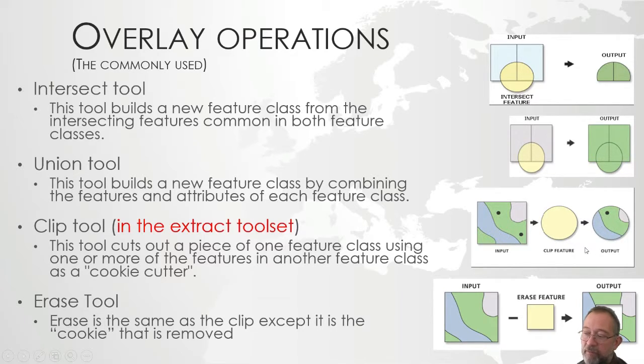They're different from the intersect tool, although spatially the output of the clip tool and the intersect tool might look the same. There is one very important difference: the clip tool only returns the attributes of the input layer. The clipping layer's attributes are ignored.